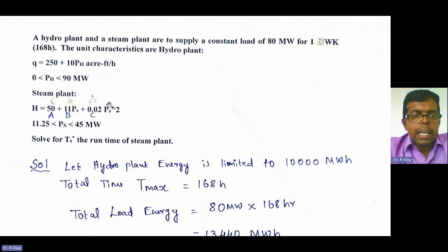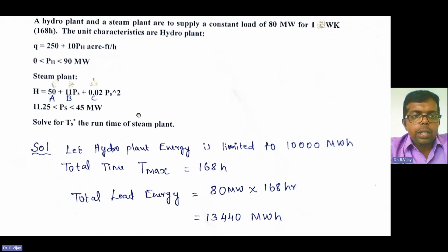For the steam plant, the heat rate is given as H equals 50 plus 11 PS plus 0.02 PS squared, and the minimum and maximum operating limits for the steam power plant are 11.25 megawatt less than or equal to PS less than or equal to 45 megawatt.